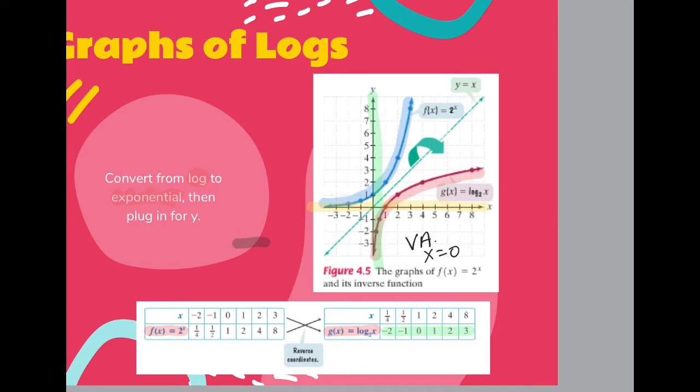Where the exponential function had a horizontal asymptote that moved with a vertical shift, these are going to move with a horizontal shift. So the biggest differences are: we plug in for the y values, and there is a vertical asymptote that shifts from left to right when there's a horizontal shift, and that's the opposite of the exponential functions.